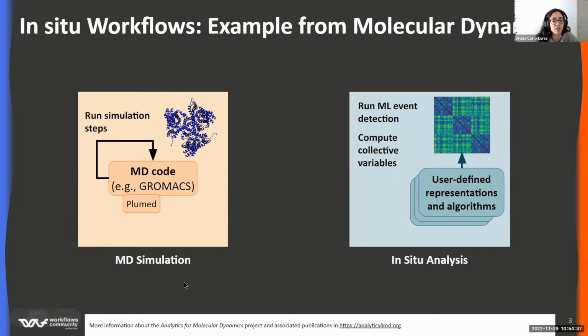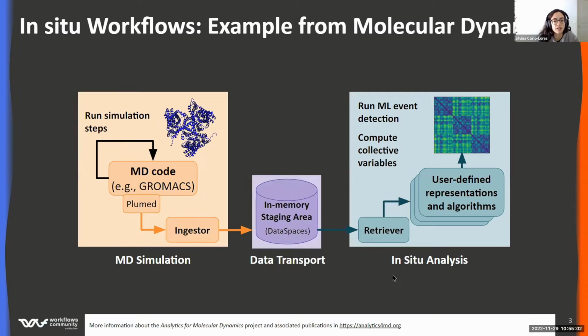And there are different types of analysis that we can do on simulated data, including machine learning models. And scientists have this toolbox of user-defined representations and algorithms that they want to run in simulations. And in many cases, they want to be able to do this as data is being produced, so that we can make smart decisions on what the simulation is doing.